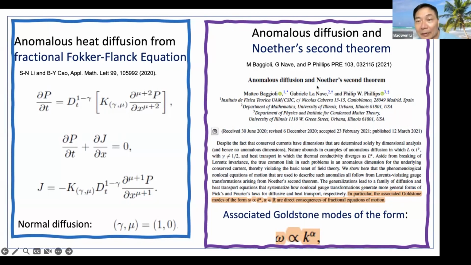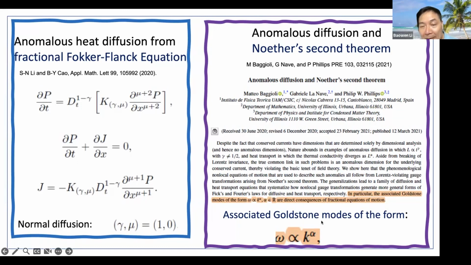Another work in 2021, published in Physical Review E, obtained this anomalous diffusion with Noether's second law. I don't know the details, but the conclusion is interesting. They thought that anomalous diffusion, for example in the FPU model, is due to the Goldstone mode, which means the dispersion relation omega is proportional to k with this divergent alpha.